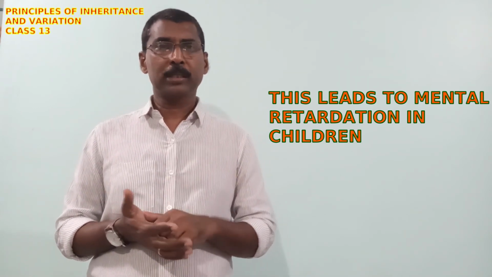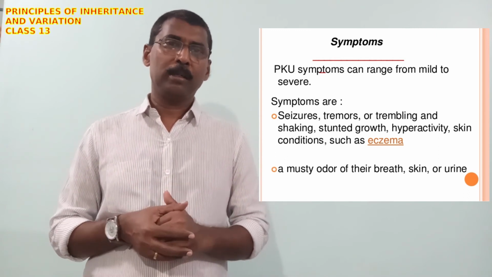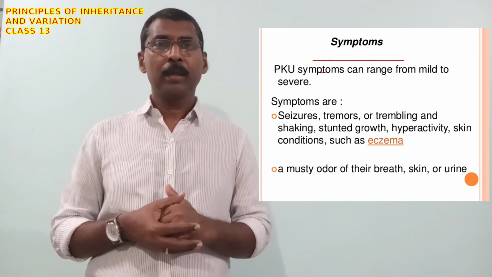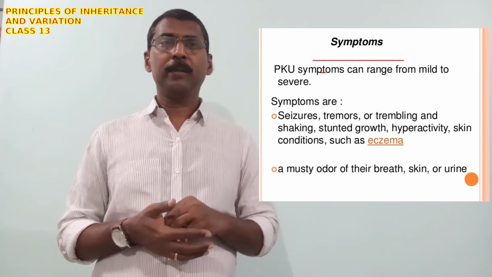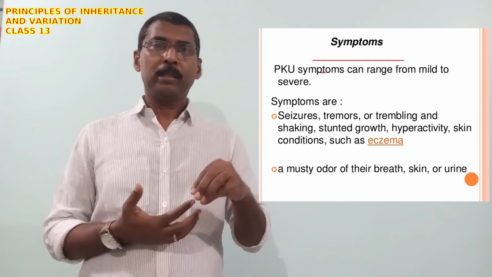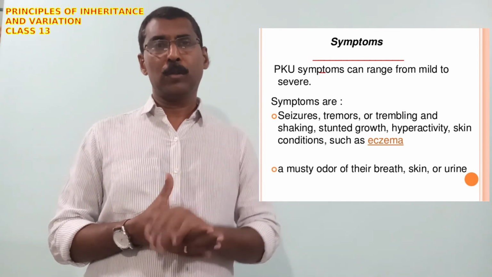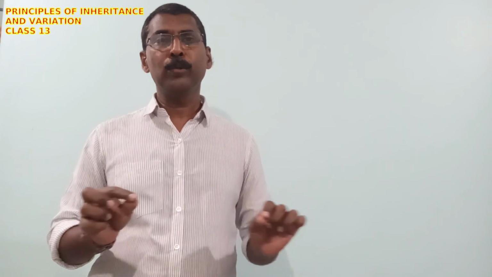Not only mental retardation, some other complications also would appear in the body. And excess phenyl pyruvic acid would be released through the urine also. So this condition is known as phenylketonuria.